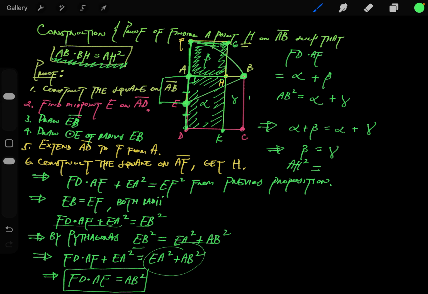And gamma takes a little bit longer. We can clearly see that this is HB, but BC, this length for this rectangle, is the same thing as AB because it's a square. So gamma is for sure AB times BH. And now we're done. We got the final result. Our point H does indeed do what we needed it to do.